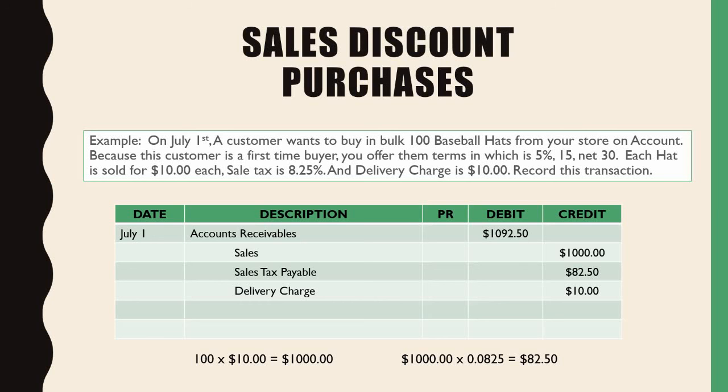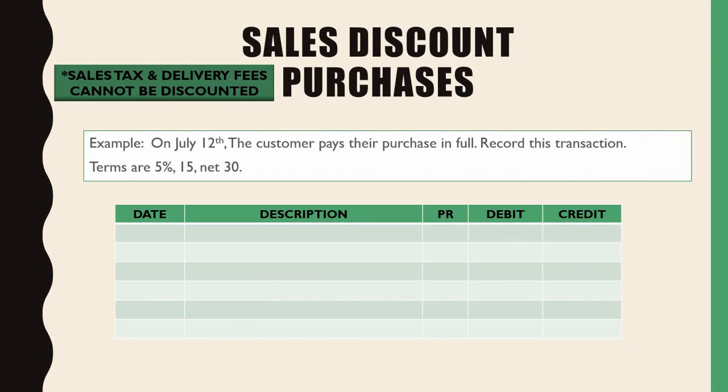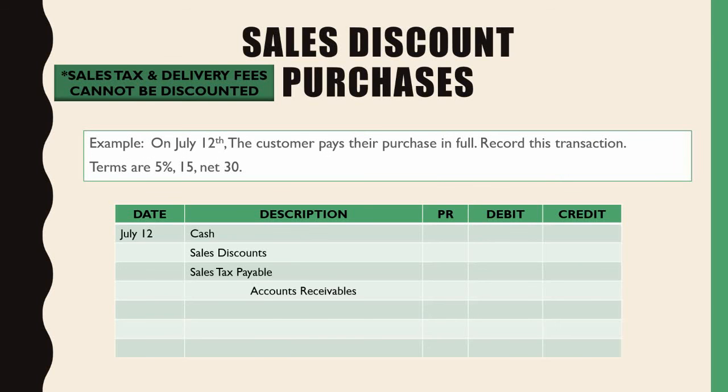If they're getting a discount off of the sales, you need to adjust that accordingly so you get the proper amount of tax to charge for the actual sale. So you need to give a portion of the money back. And last but not least, you have to also record that they don't owe you money anymore.